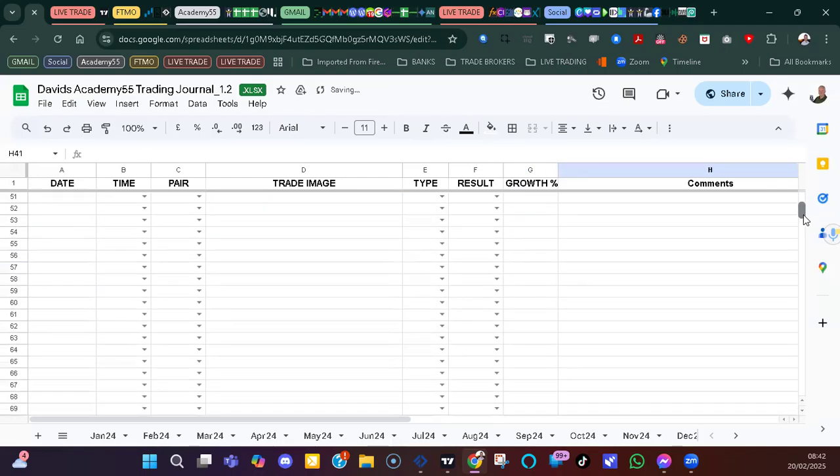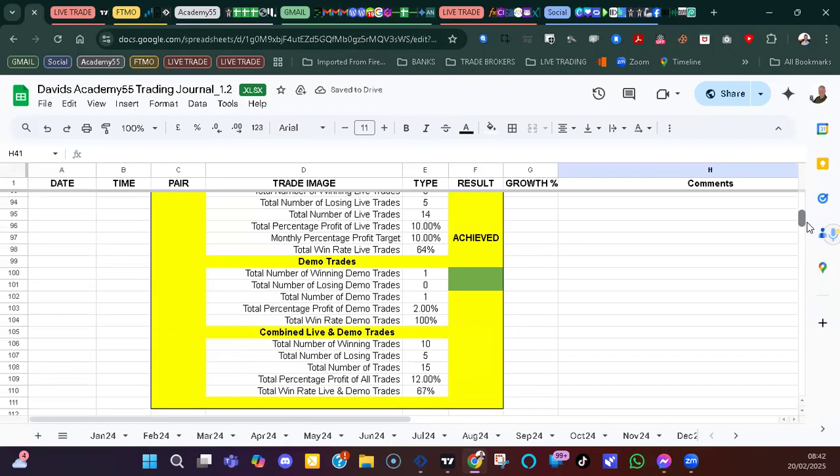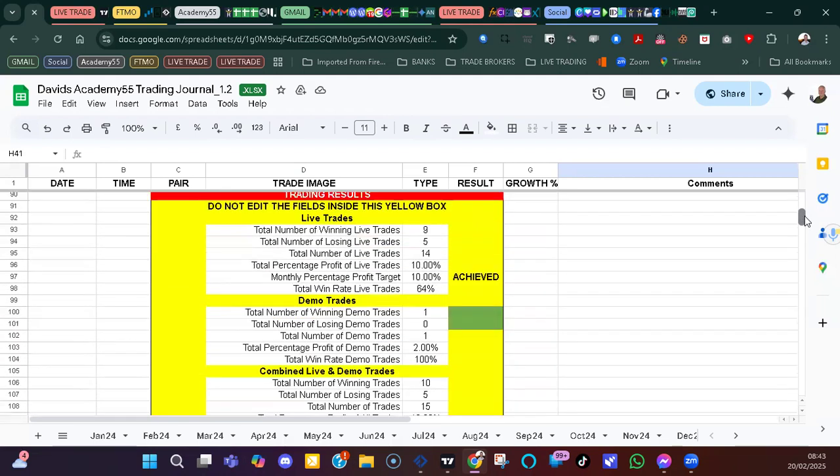So underneath here now, there's another box. And now you can see the total percentage profit of all trades is now 12%. I've already achieved my 10%. That's already locked in for me. And this tells you at the moment I've got a win rate of 64%.